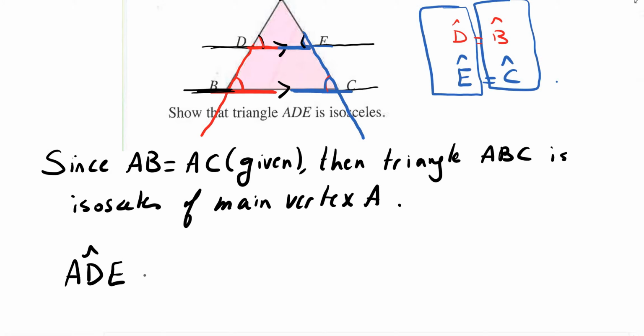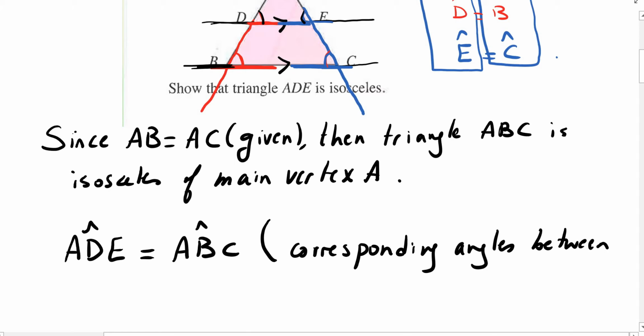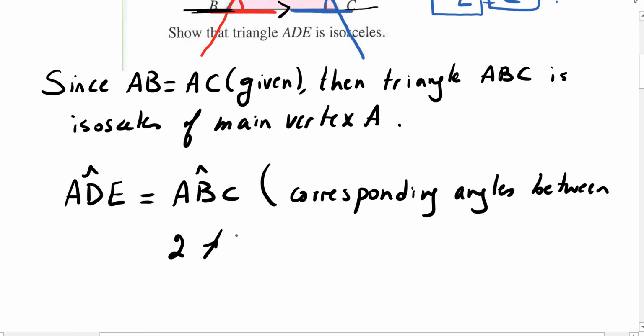So angle ADE equals to angle ABC, and the reason is corresponding angles between two parallel lines. Now I either put the sign or I write the word parallel. Both are acceptable. What are these lines? DE and BC.